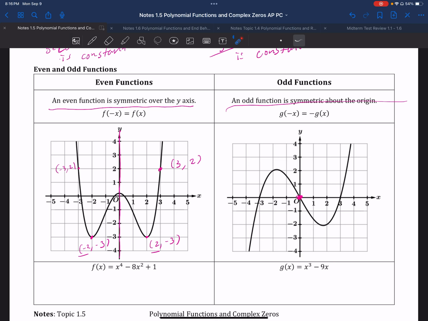If we look at the points, we also notice that there is some pattern here. So for this one, it's going to be 2, -2. And then for this one, it's going to be -2, 2. So you can already see how they have opposite signs for both the x and the y, which is different because on the even function, the y's were exactly the same, and then only the x's had the opposite sign.